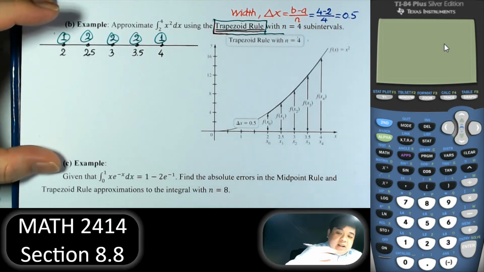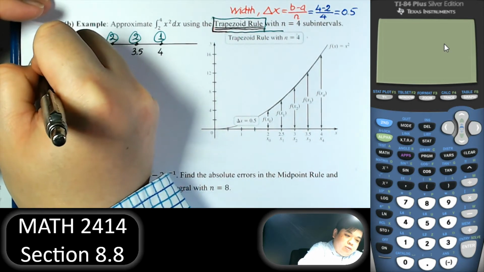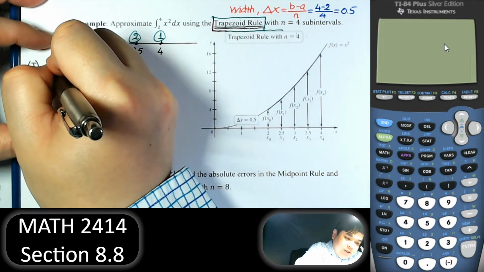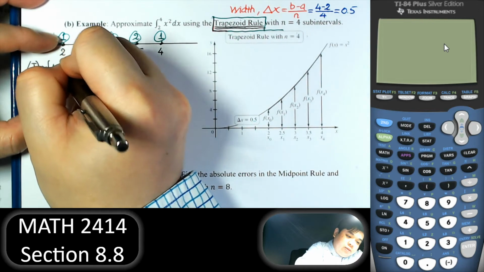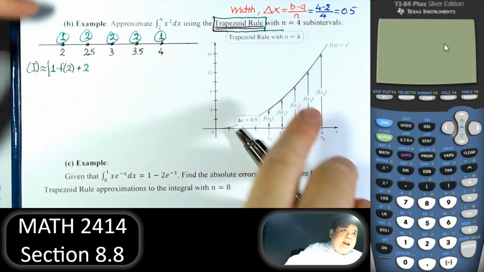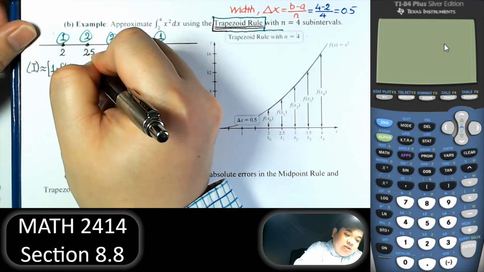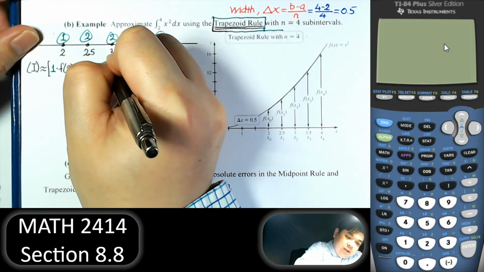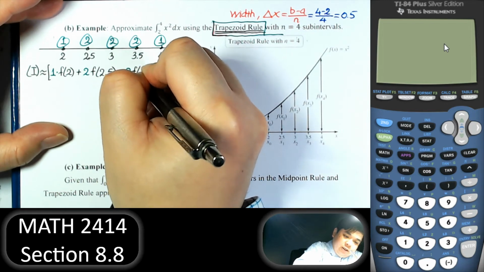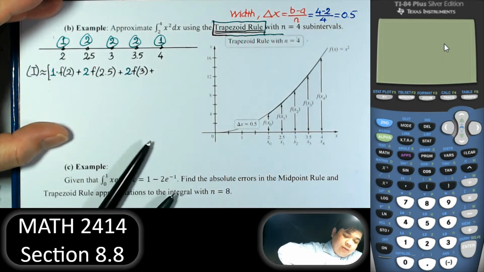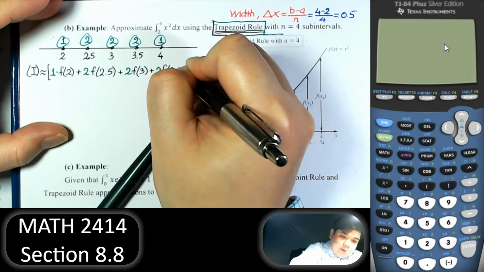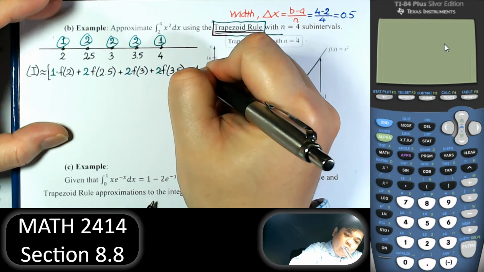So if we want to do this by hand, the integral is approximately equal to, we only have 1 on the left point, 2 in every endpoint in the middle, and then 1 point on the end.